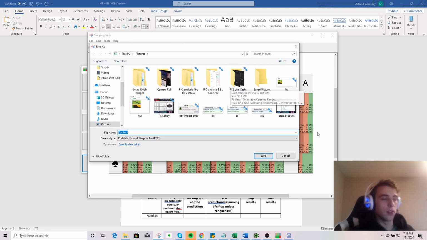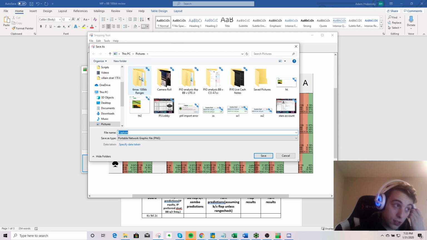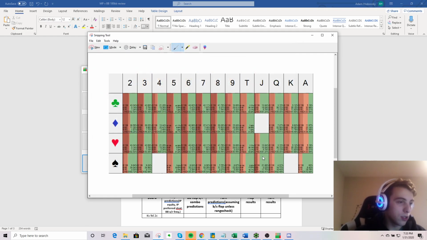It's really slow. I guess the screen recorder is hurting this. So this is going to be king of spades, jack of diamonds, 4 of spades, in position, turn, strategy, save.